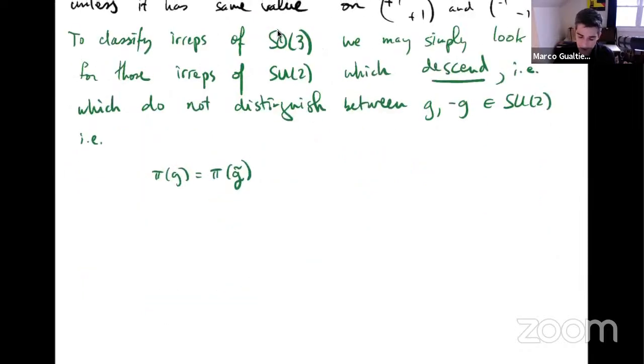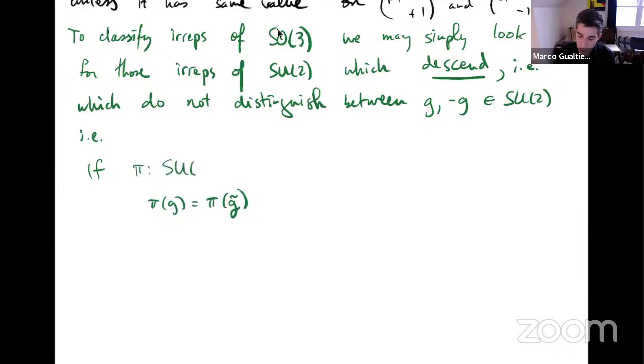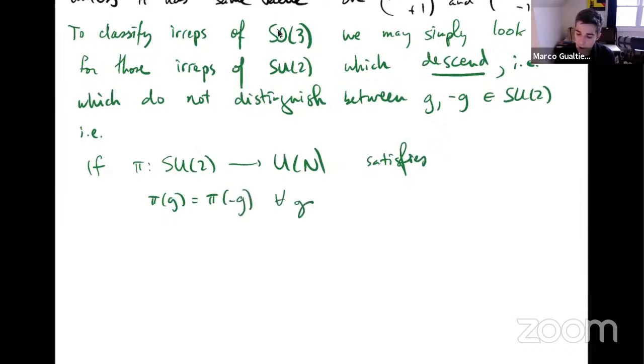So if pi, SU2 to U(n), satisfies pi of G is equal to pi of minus G for all G, which is equivalent, by the way, to pi of minus 1 equals pi of 1.